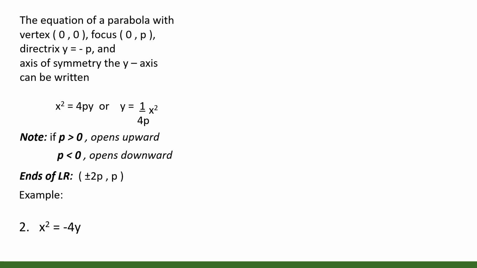Example number 2. Given the equation x squared equals negative 4y, this means 4p is equal to negative 4. And to look for p, divide the equation by 4. P is equal to what? Negative 1. Since negative 1 is less than 0, our parabola opens what? Downward. Our vertex, (0, 0).